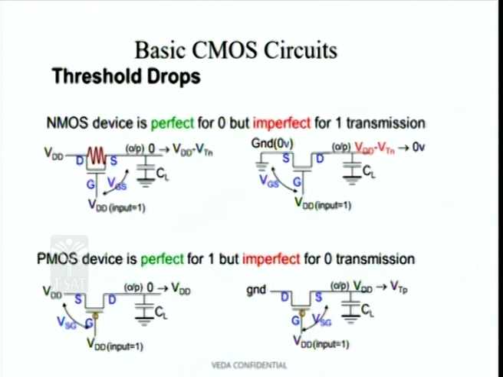It is important to understand that given enough time, this capacitance will ultimately discharge to ground, but we don't have that much time. When you are operating at hundreds of megahertz, we have only a nanosecond or a few nanoseconds, and that amount of time is not sufficient for the capacitance to discharge completely.